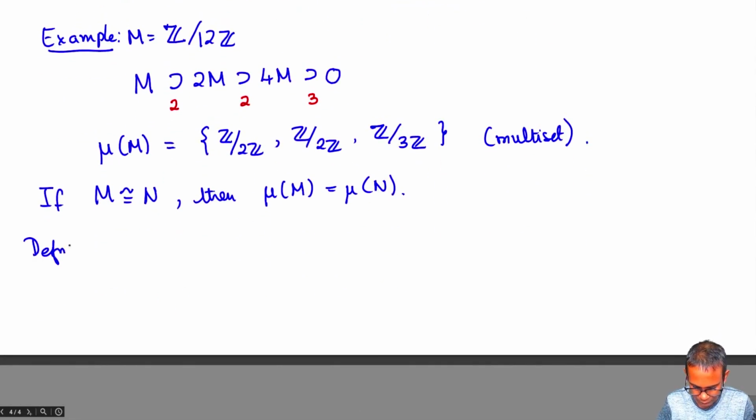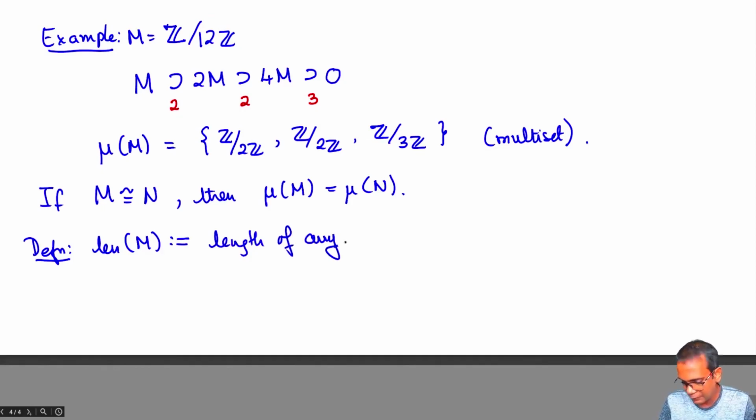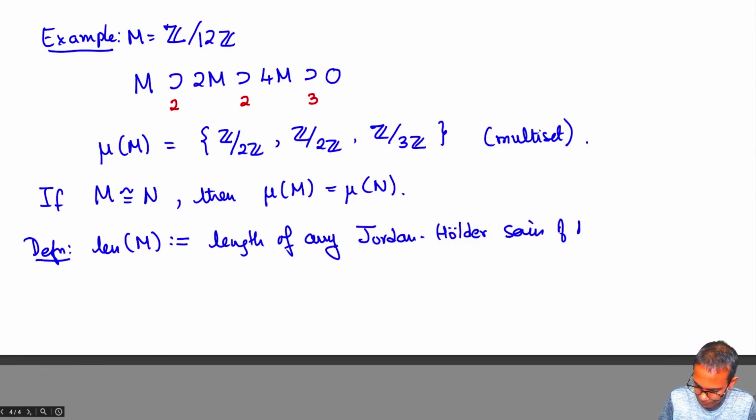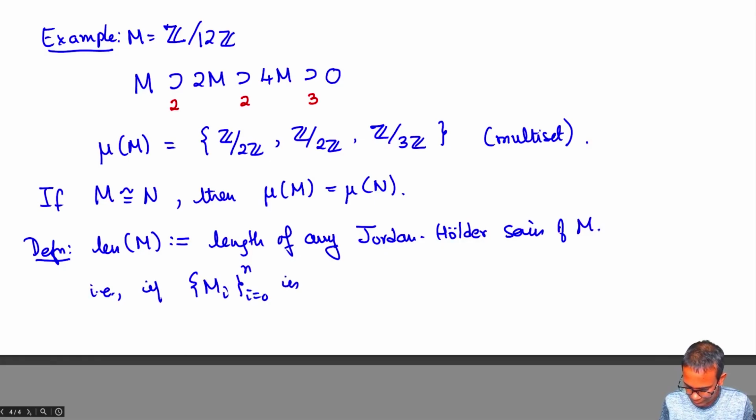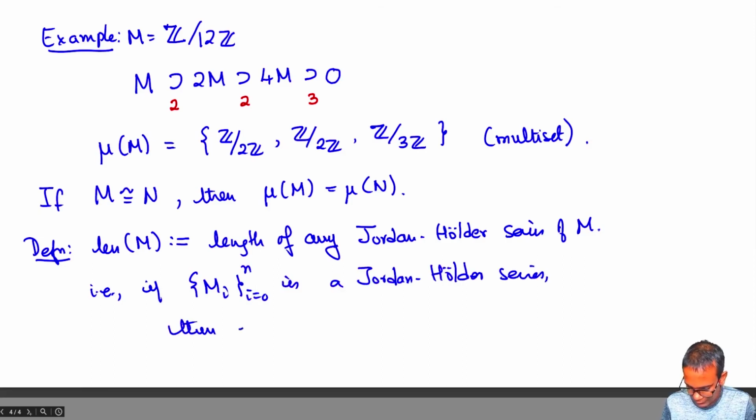So definition, length of M is defined to be the length of any Jordan-Holder series of M. Just to be doubly clear, if Mi, i goes from 0 to n, is a Jordan-Holder series, then we'll say that length of M is equal to n.